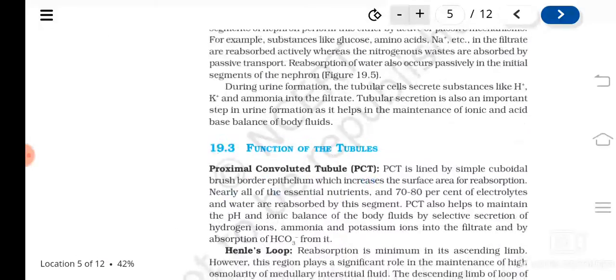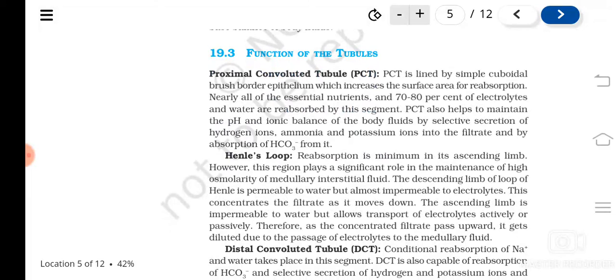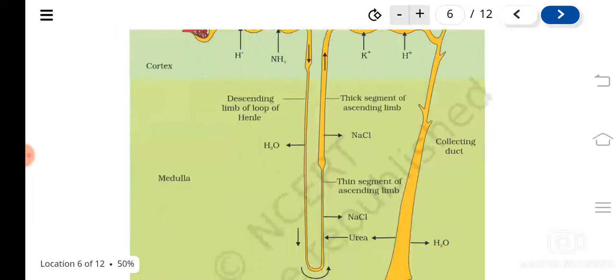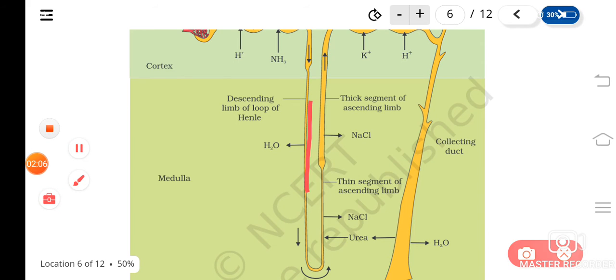In the descending limb, it is permeable to water but impermeable to electrolytes. So as the glomerular filtrate comes down, what will happen? It will become more concentrated. Water will go out, and it will not allow any molecules to come in.